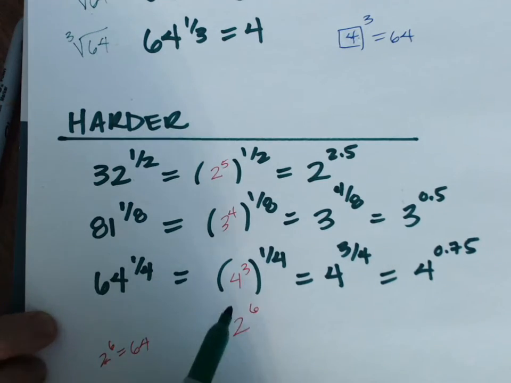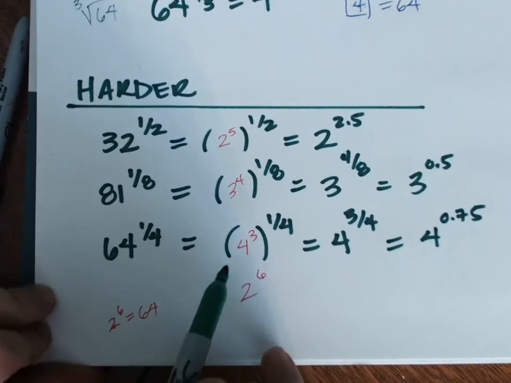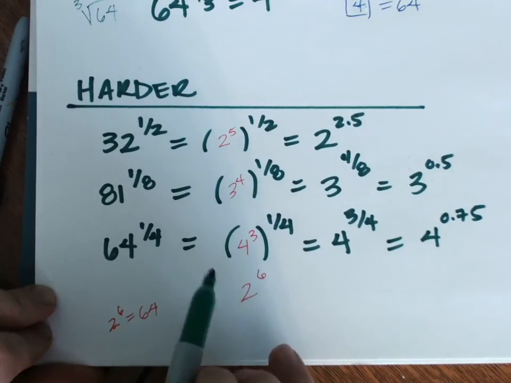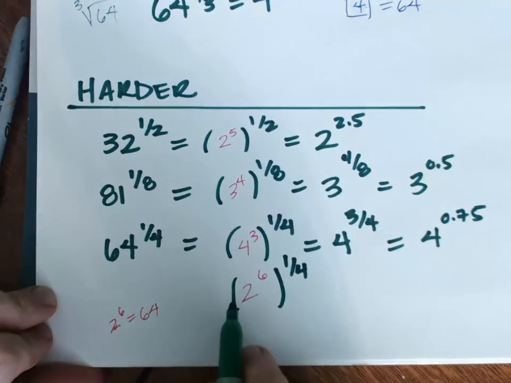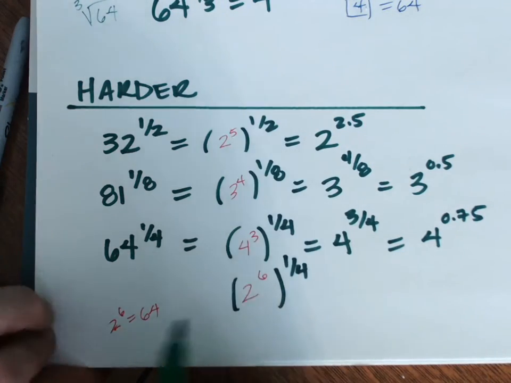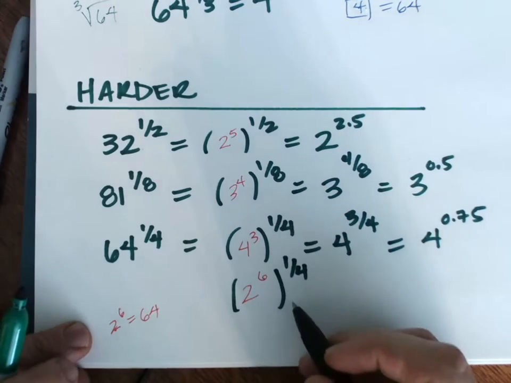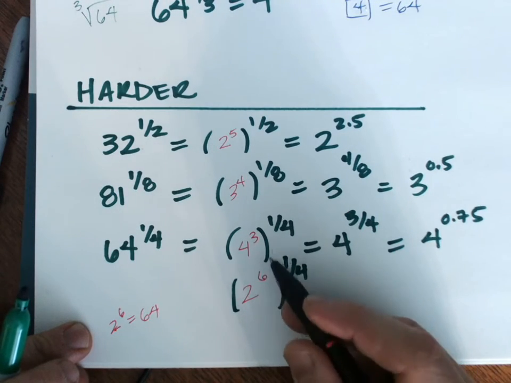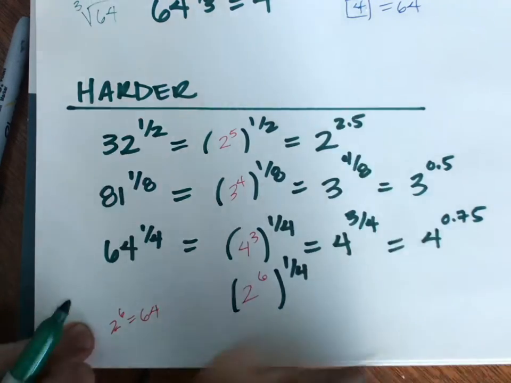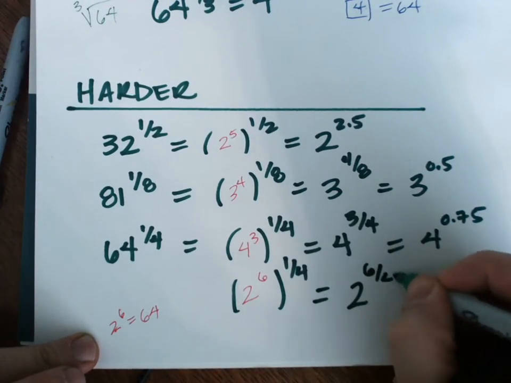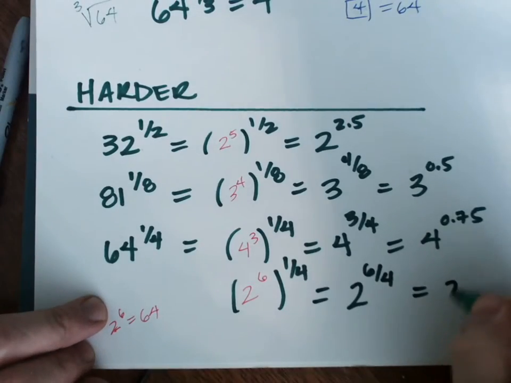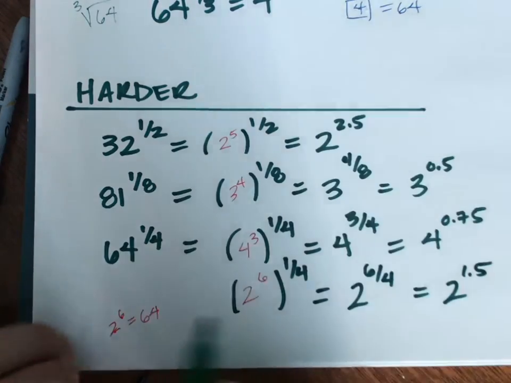And we had a choice to make here. And I went with the 4 just because it came to me a little quicker. However, we could have also stuck with a 2 to the 6th, and that may be dependent on the problem or how much effort you really want to put into reducing some of these numbers down. So this would be then 2 to the 6/4 or 2 to the 1.5.